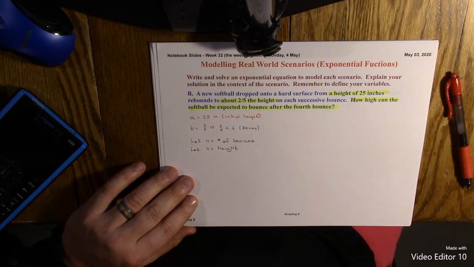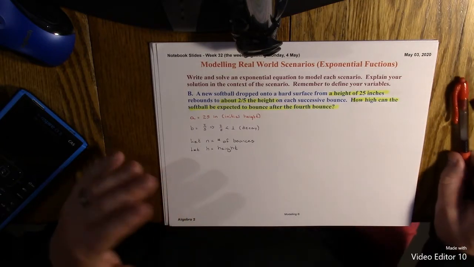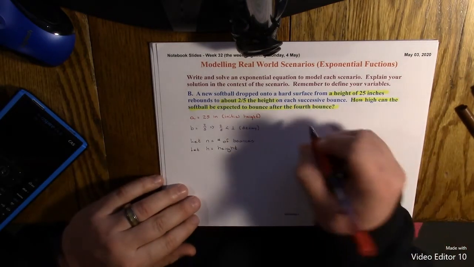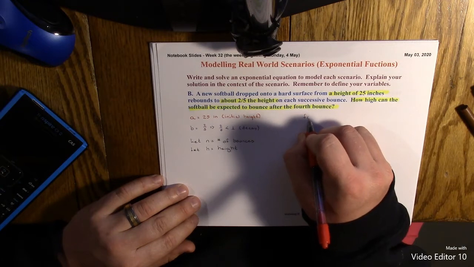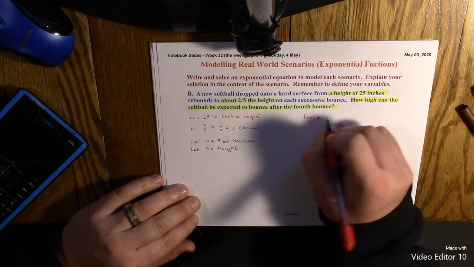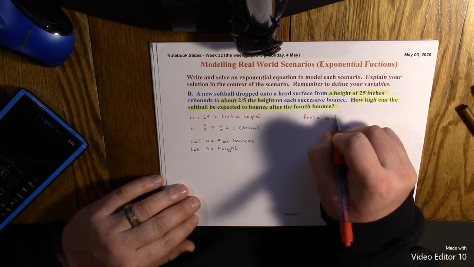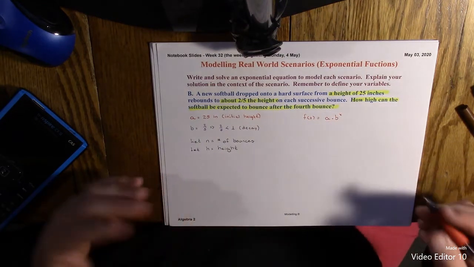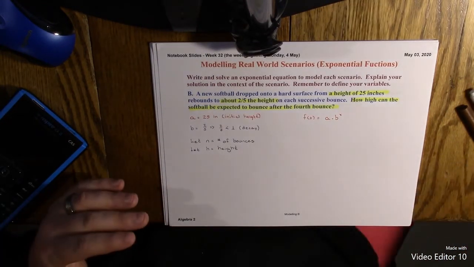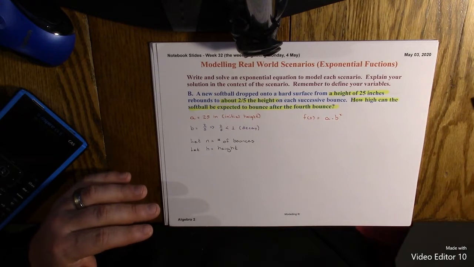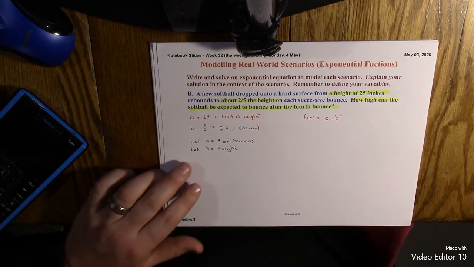This is an exponential function in the format of f of x. Again, we're going to have a function f of x equals a times b to the x. Now remember, f and x can all change to fit our conditions. Remember, we're going to use our variables.